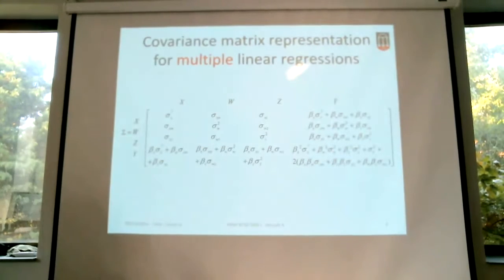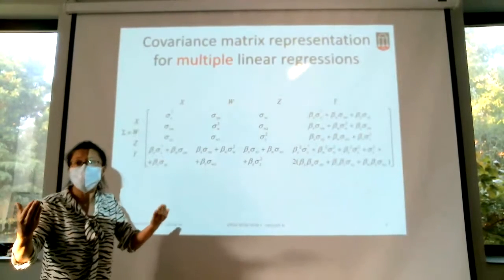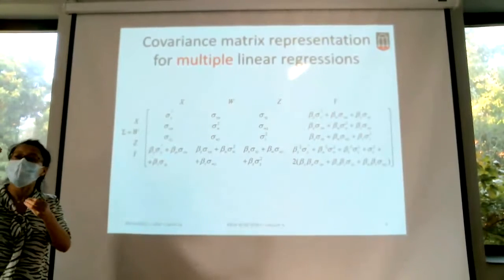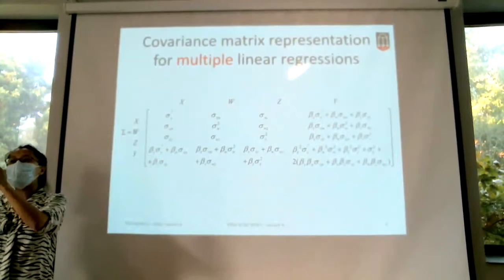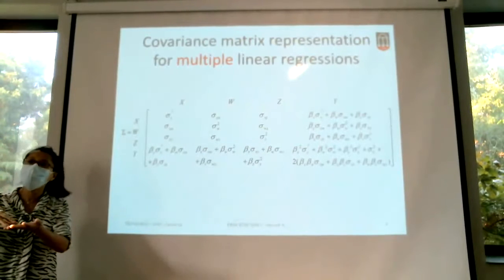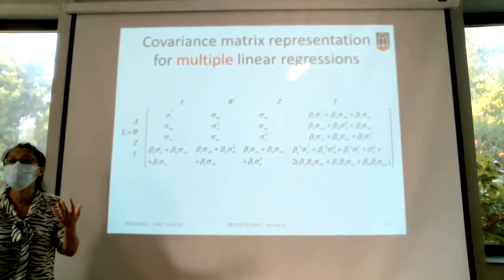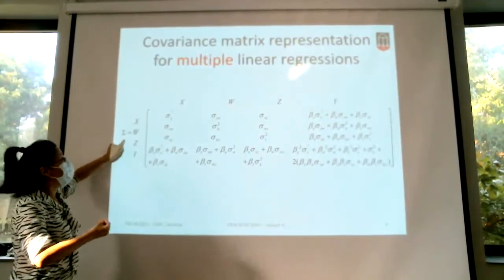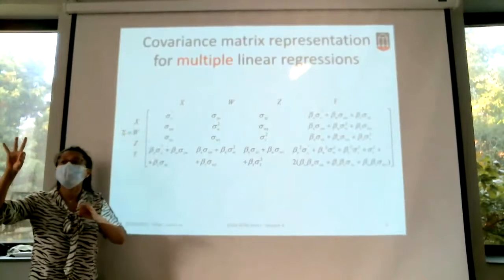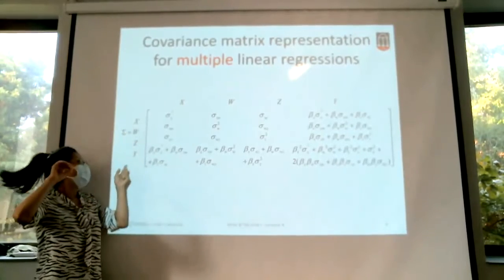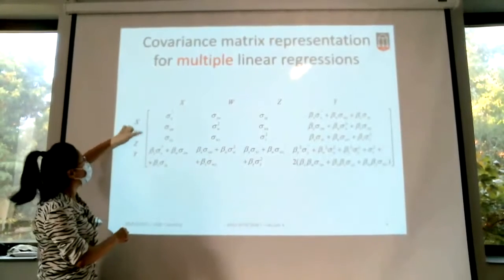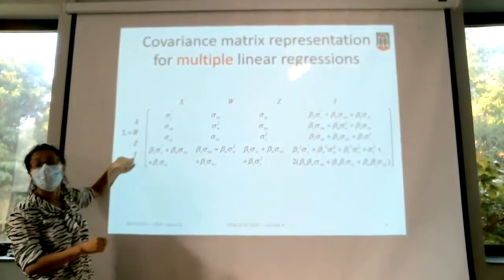Then we have a multiple regression example. By following the same rules, we replace Y using the multiple regression expression, do the expansion, and follow some rules to calculate each element in that capital Sigma. In this case, we assume X, W, Z are three independent variables, and Y is a dependent variable, so these three influence the outcome Y together.